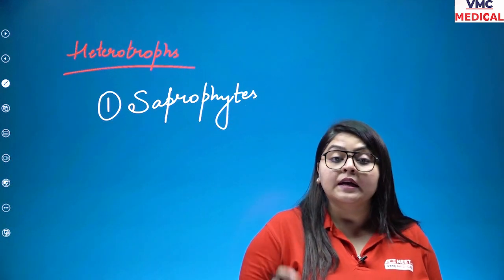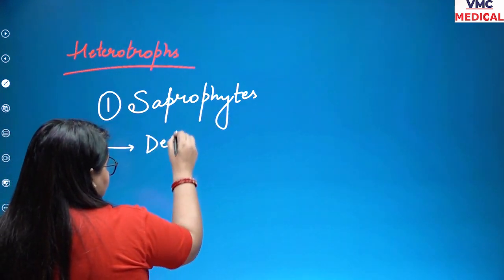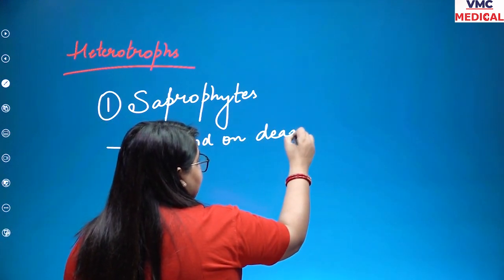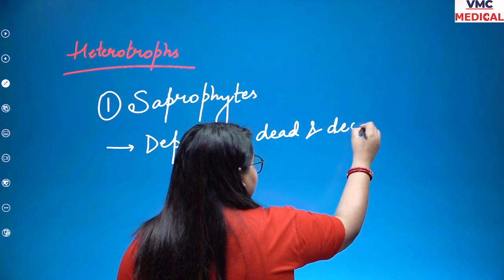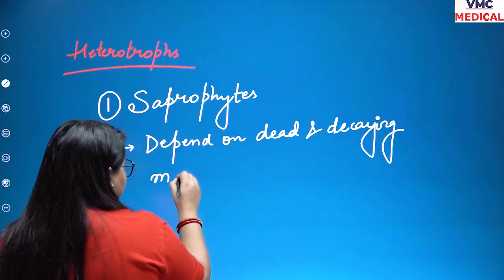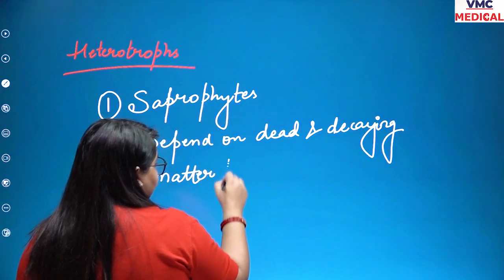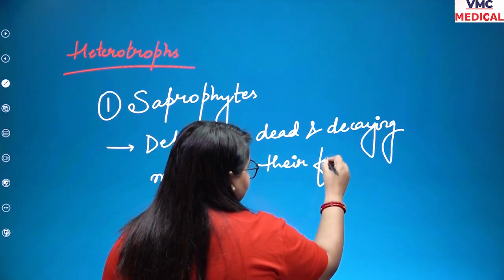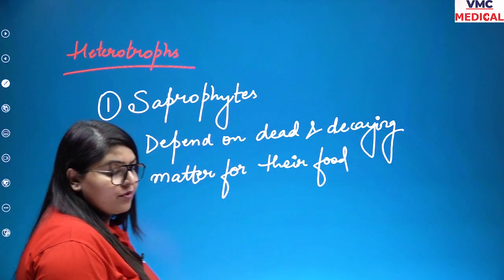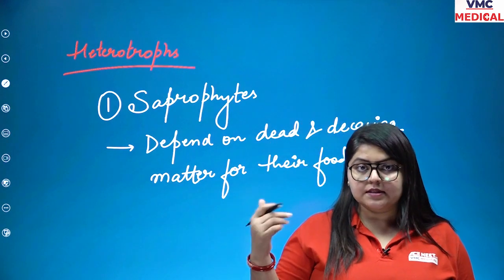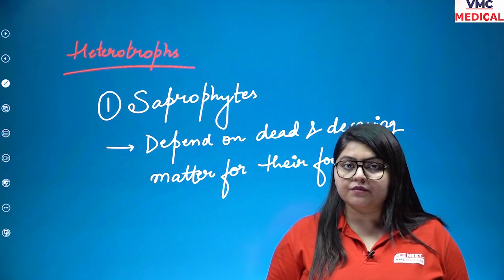These depend on dead and decaying matter for their food, right? So these are your saprophytes. Always remember, these depend on dead parts, dead organisms for their food.